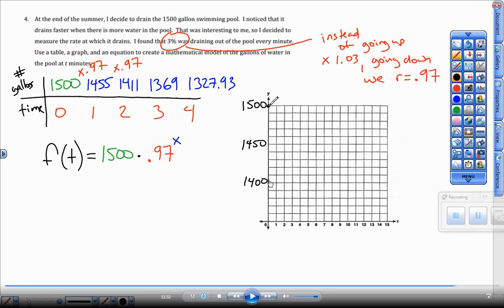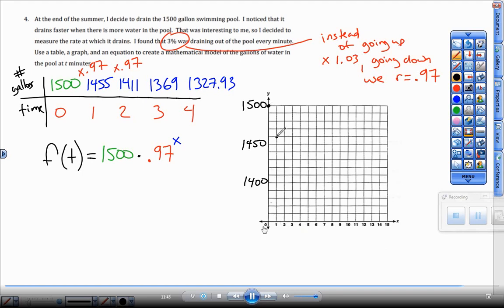This would be 1390, 1380, 1370, 1360, 1350. So going up and down by tens here. Alright, so to graph this, I would have time on the x-axis in minutes, and on the y-axis I would have number of gallons.